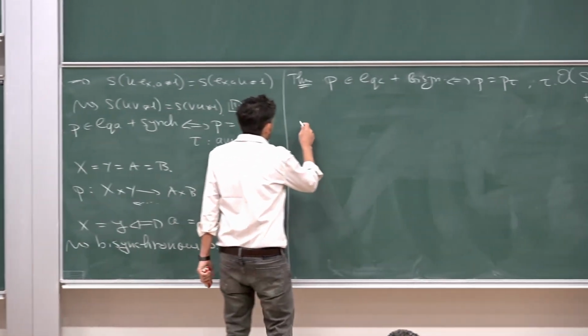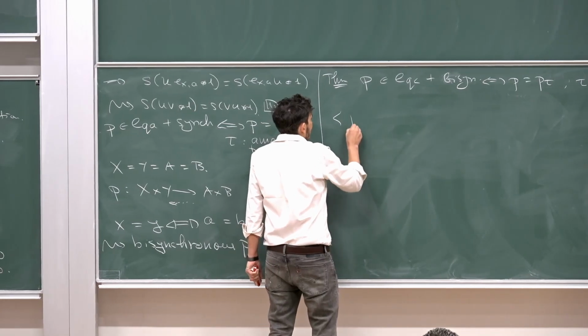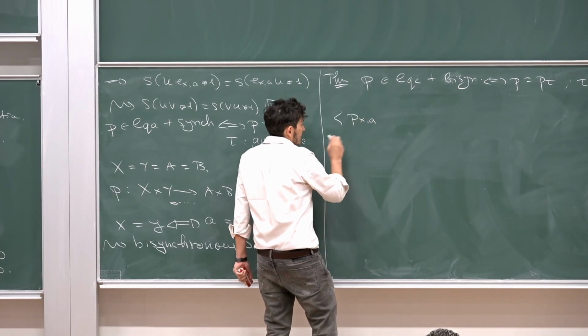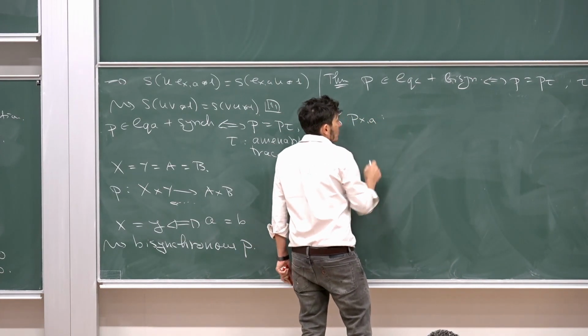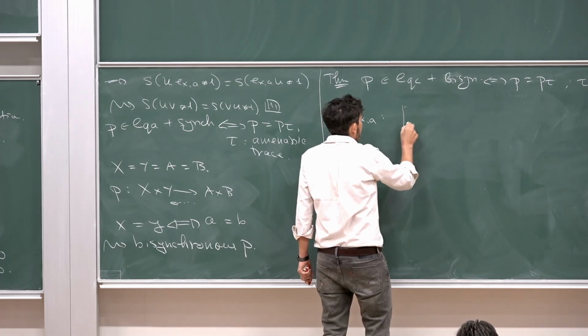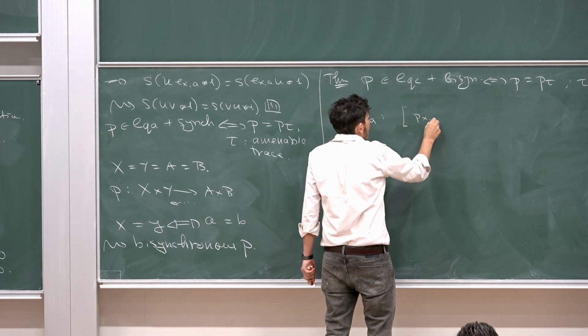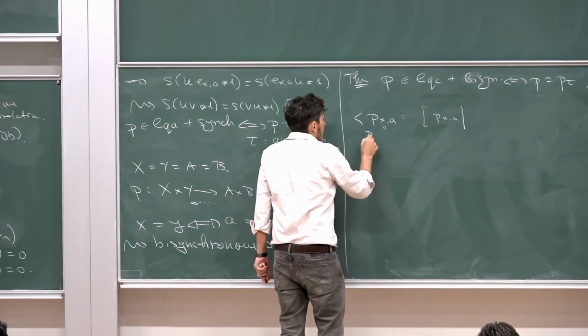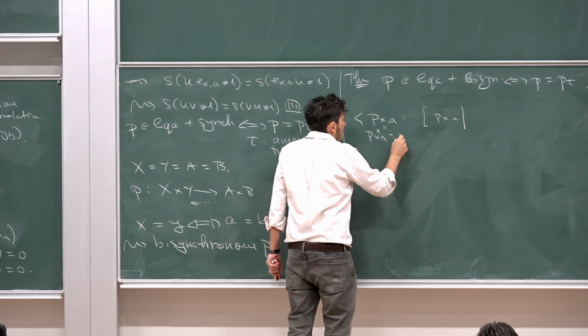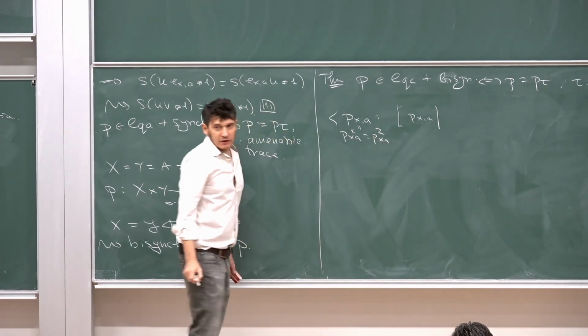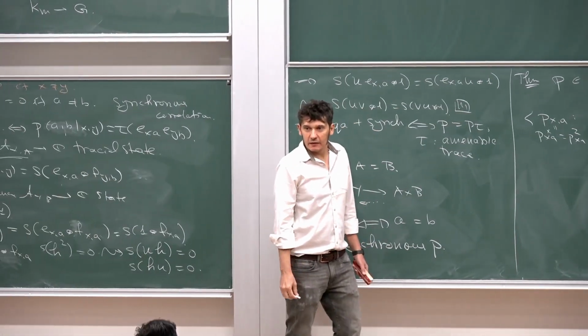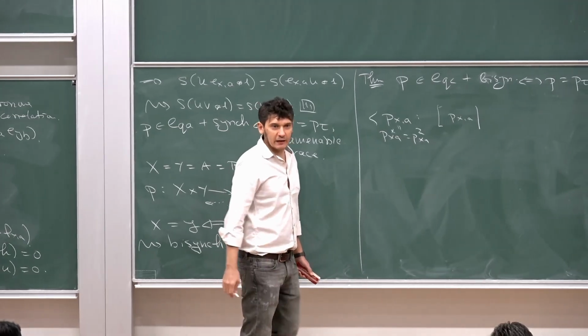So remember, this is just the algebra arising from projections. These are orthogonal projections Pxa with the property that the matrix Pxa is a bistochastic matrix, in the sense that the rows and the columns all add up to 1.